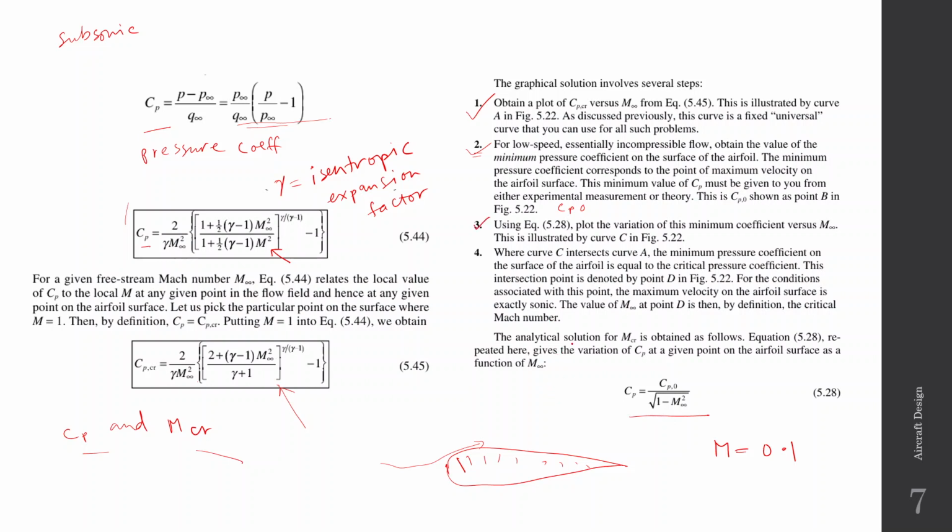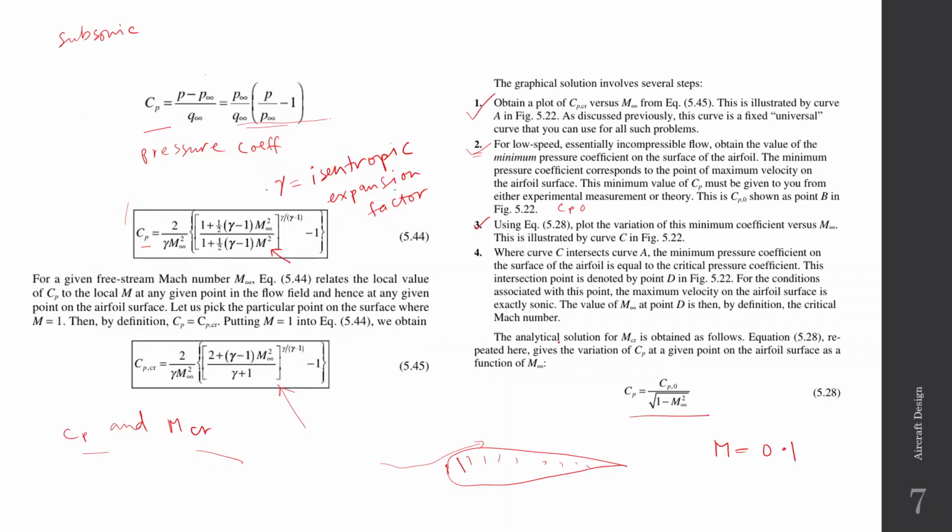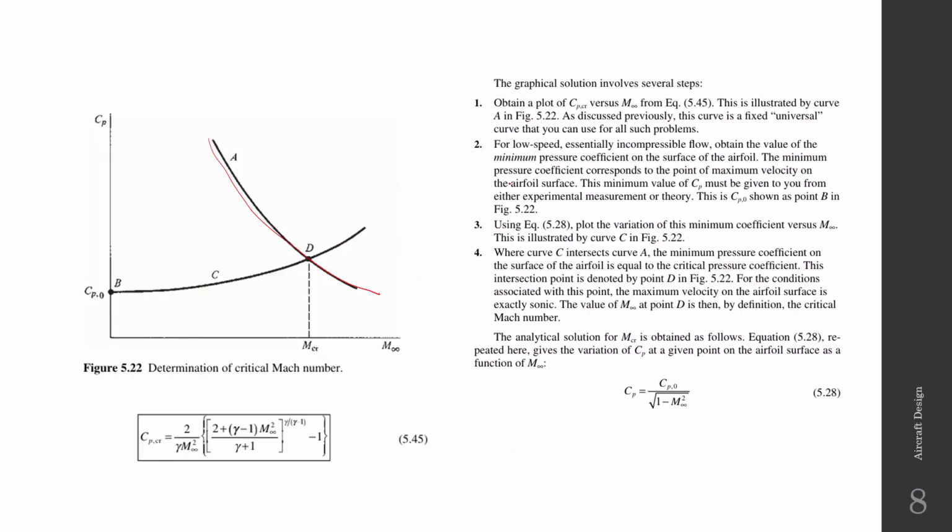So then this curve is this one. Wherever these two curves intersect, that is the critical Mach number. I've redrawn the steps here. First you will use equation 5.45 to draw this line. This line is a kind of universal line and it does not change with the aerofoil. Then you have to use experimental or theoretical analysis, or simulated analysis, to find CP naught.